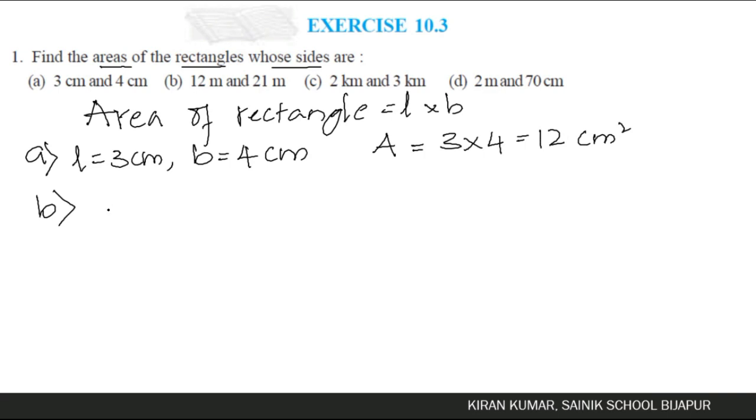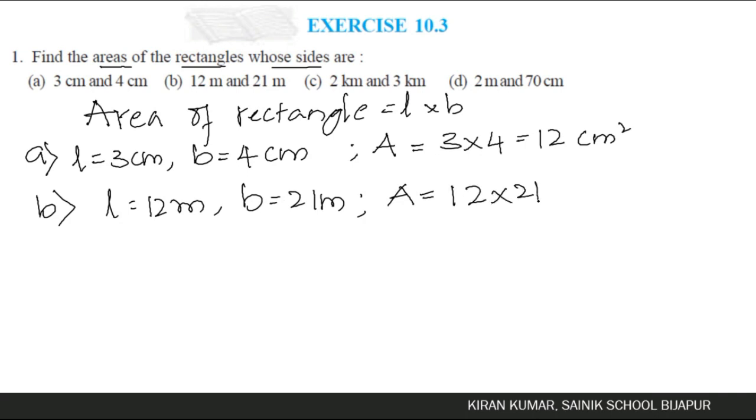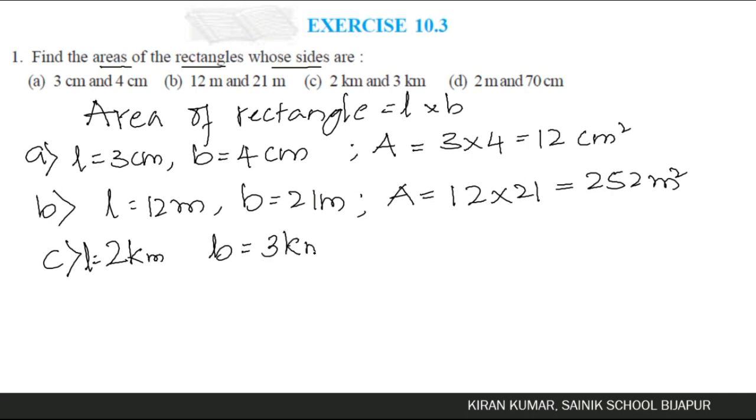For the second one, the length is given as 12 meter, breadth is given as 21 meter. Therefore, the area will become equal to 12 times 21. This will be 252 meter square. Length is given as 2 kilometer and breadth is given as 3 kilometer.